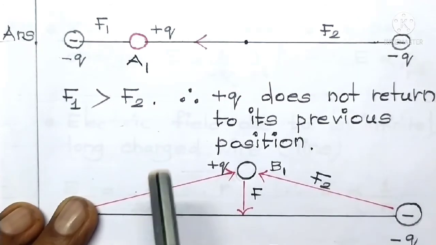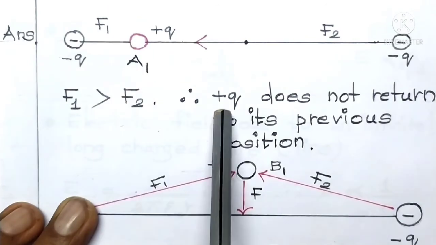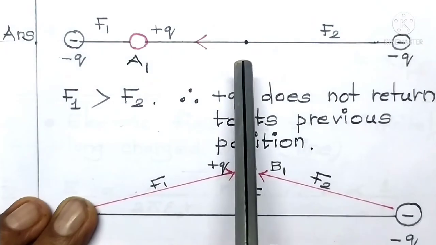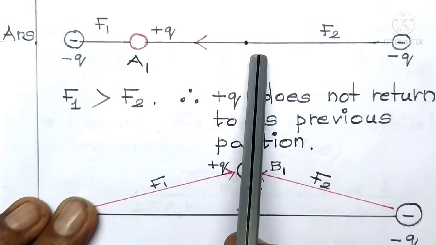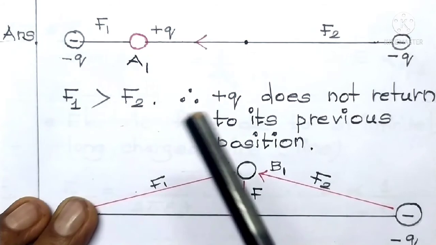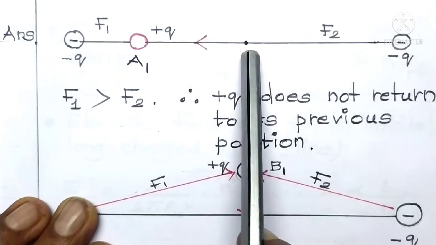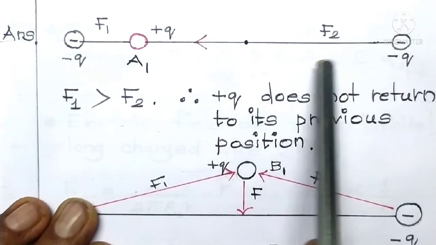So what will happen? As this force is more, this plus q does not return to its previous position, to capital P, the midpoint. It won't return back because the force is very high. Similarly, when I move this positive charge in the direction of A2, the same thing happens.